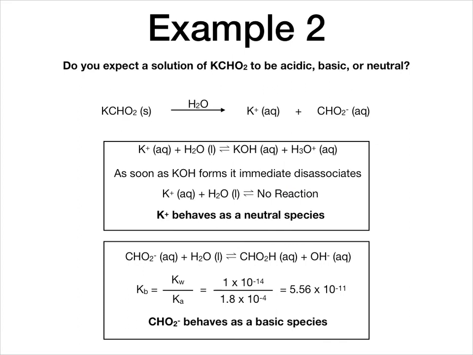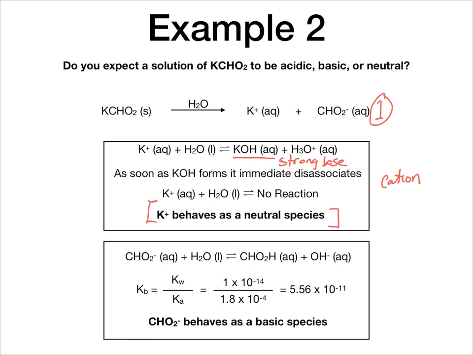Okay, so my formate ion, my first step is to dissolve it in water and break it up into its ions. I then look at how the cation behaves. The cation forms KOH, which is a strong base. And so I know that the potassium ion is the conjugate of a strong base. Therefore, no reaction occurs and it behaves as a neutral species.